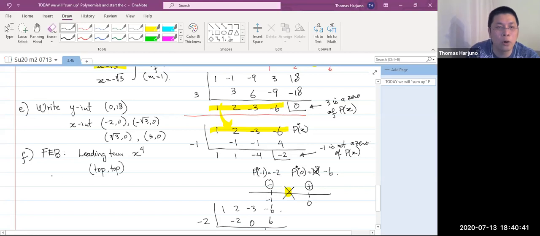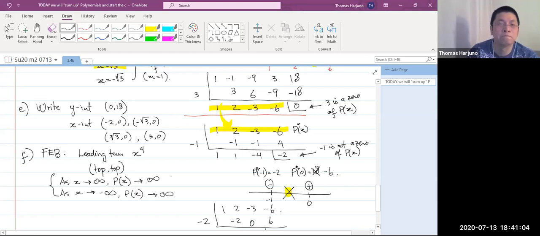Or in limit notation, as x goes to infinity, Px will also go to infinity. When you go very far to the left instead, x goes to negative infinity, Px will also go to infinity. That's the far end behavior.